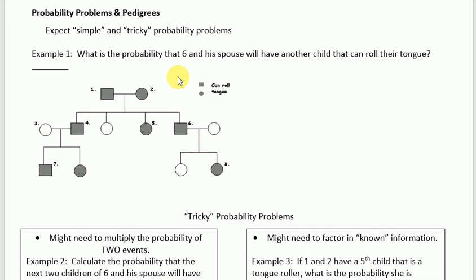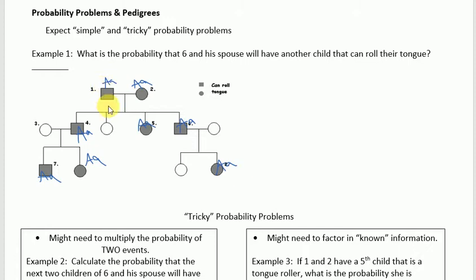So we are going to go through and give the shaded individuals one capital letter. Okay.